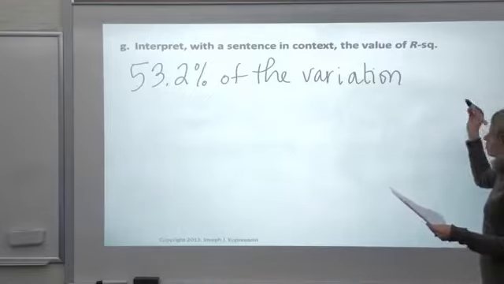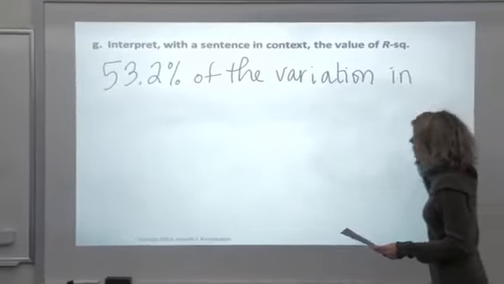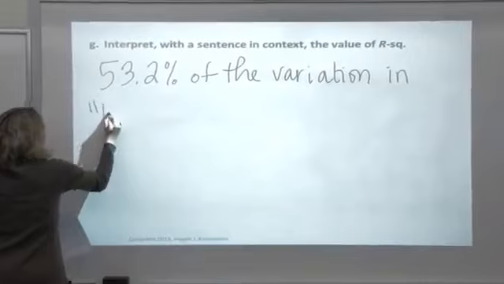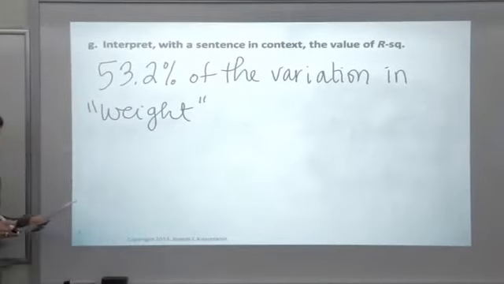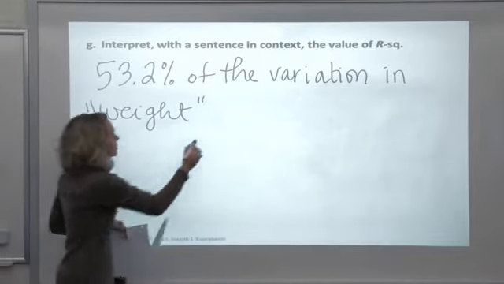So 53.2% of the variation in weight, the variable weight, can be explained by knowing the number of pages.